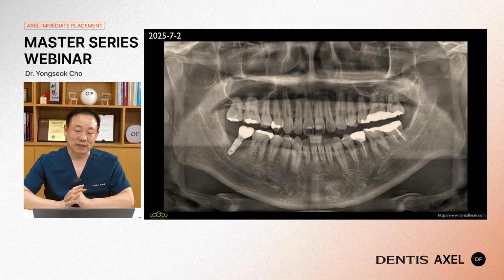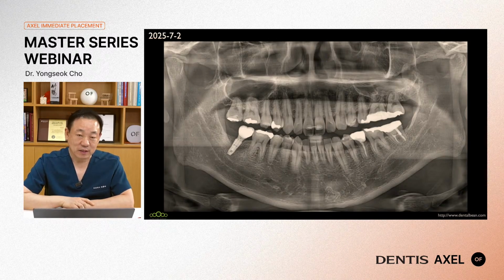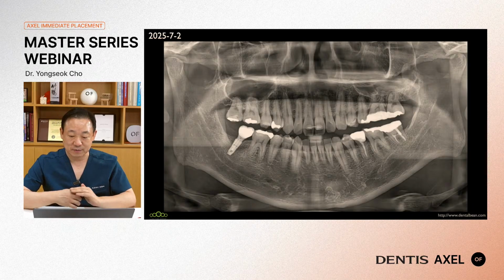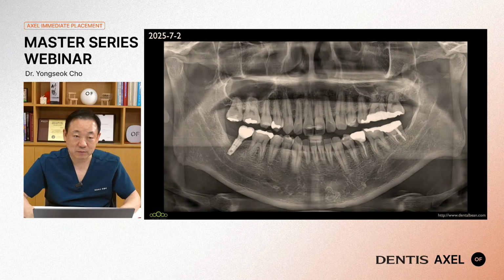Just 2 years later, the patient said he felt uncomfortable when chewing. Here we can see a long implant placed a little bit distally positioned, and a little bit too much medially tilted. And in the panoramic view, some radiolucency is visible around the implant.